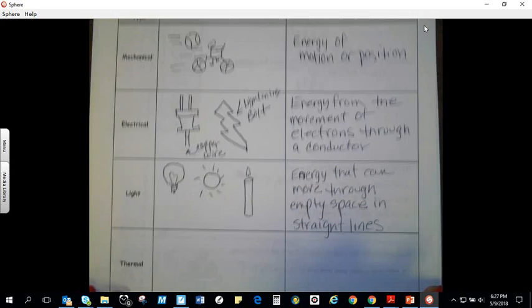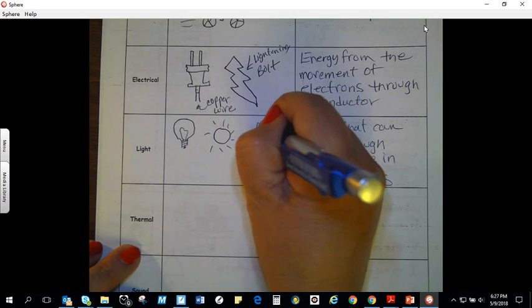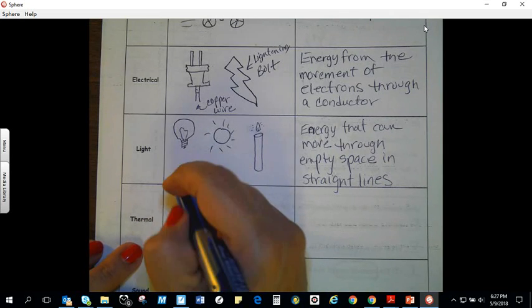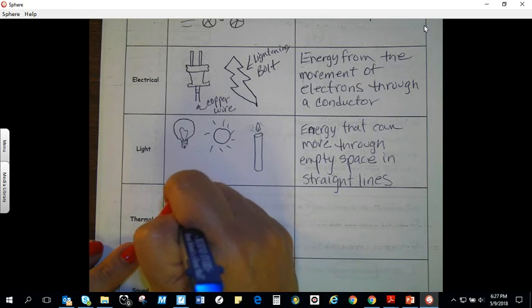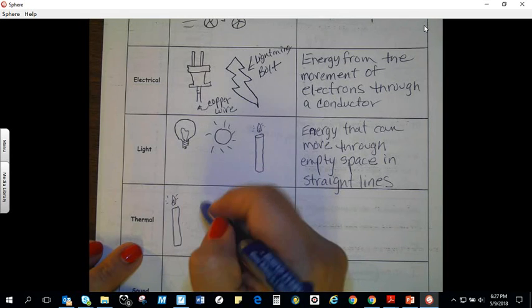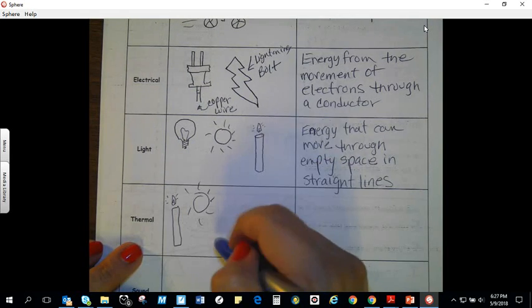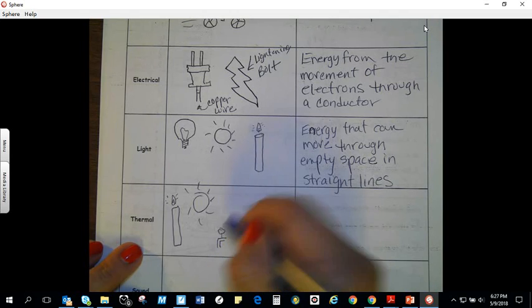Again, one of the things for thermal is also going to be our candlelight. I put that glowy there. So here we have the candlelight because it gives off heat. Okay. We also have the sun. And we also have a furnace, the old-fashioned furnace. So let me see if I can draw this. It's just like the little switch that you turn on the gas.